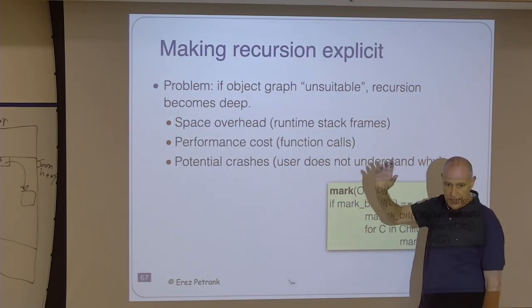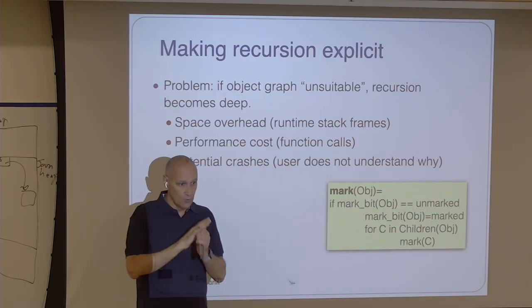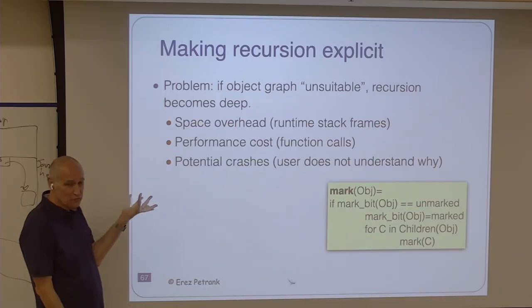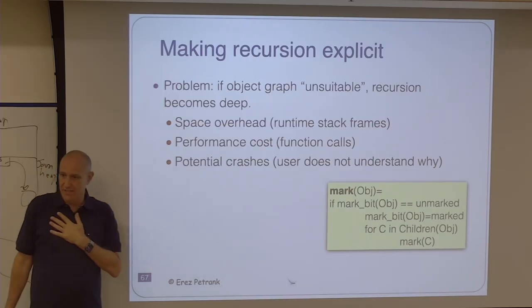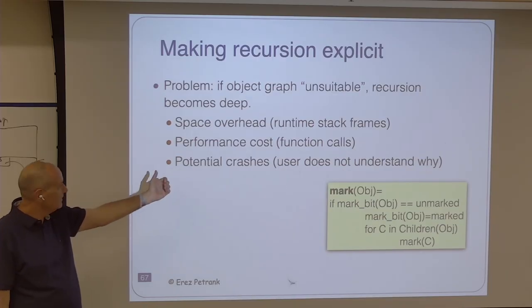And if it becomes really large, eventually it will say stack overflow and crash your program. And you have no control over it, right? As a memory manager, you do not know what's happening in the heap. That's what the user has done.